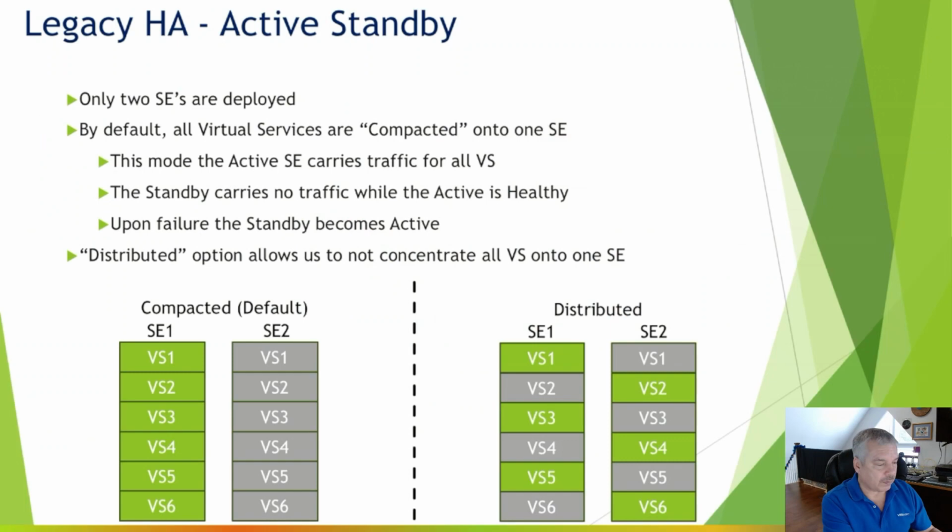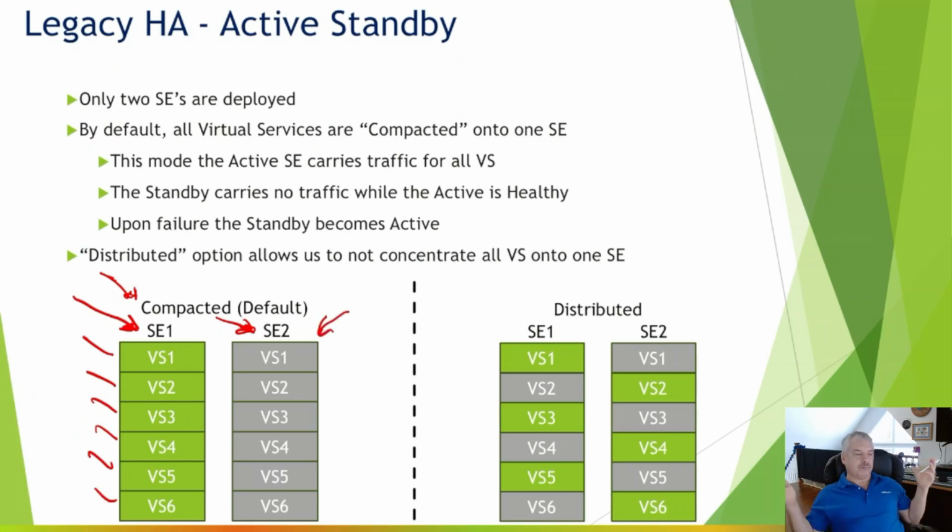Let's start off with the first one, active standby. Pretty straightforward, folks. Right now, I've got 2 service engines, 1 and 2, okay? This is what I refer to as compact, the default. So with active standby, all your virtual services run on the first service engine. The second service engine is just sitting there, really not doing much, but it's ready.